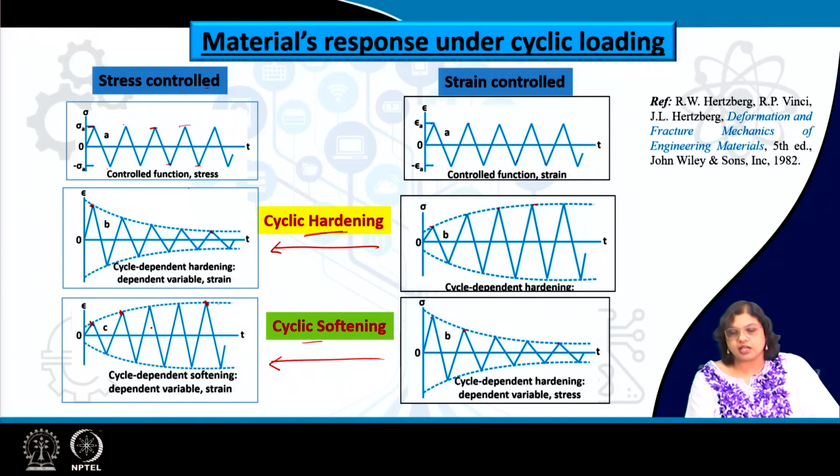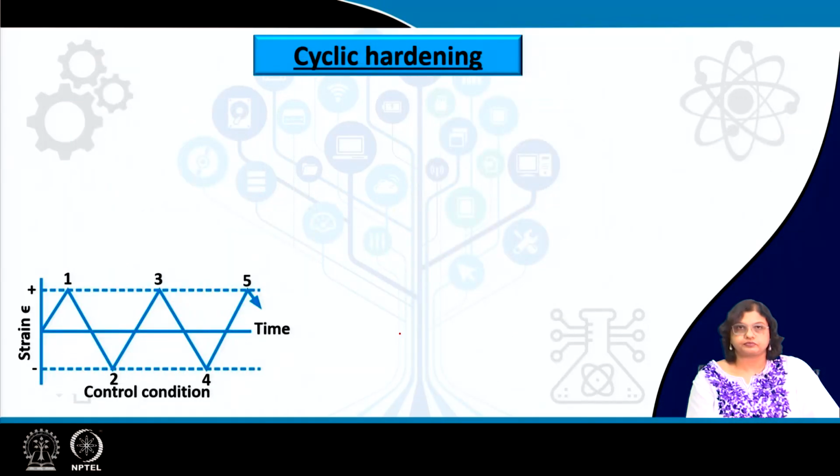Similarly, for the case of the strain controlled one, since we are applying the same level of strain, the important parameter that we want to look at is the stress. If the stress values are increasing at every cycle, that is typically the cyclic hardening behavior, and if the stress values are decreasing at every cycle, that is nothing but a cyclic softening behavior.